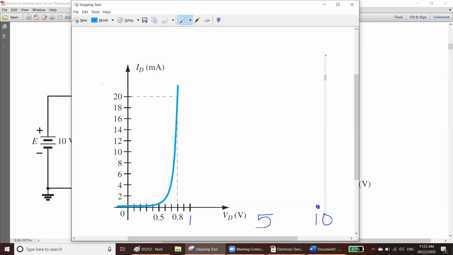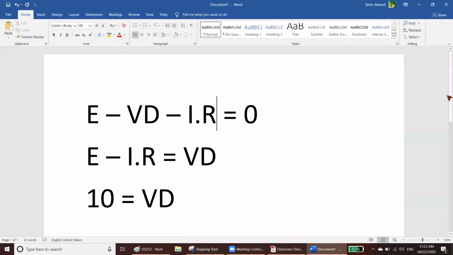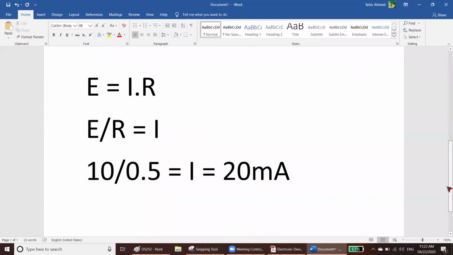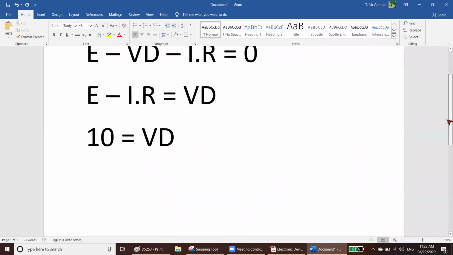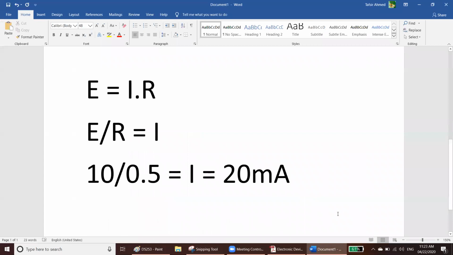And your 20 is this one. So if you draw a line between these two, that will be your load line, because you are putting at 10 and you are putting at 20. These two are your points. From where did we get these 2 points? From here. Your VD is equal to 10 and your I is equal to 20.